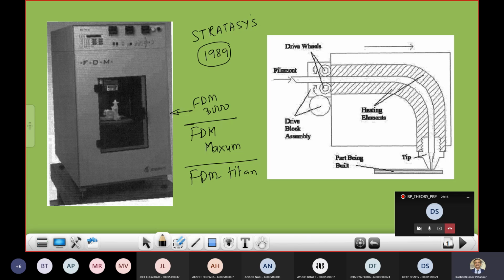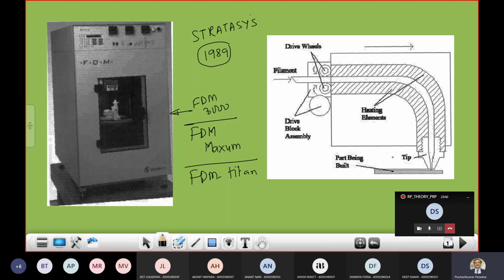And here you can see the heating arrangement that is being made. By applying heat to your filament, the filament is taken in a forward direction with the help of the drive wheels, and then it comes out through the tip.